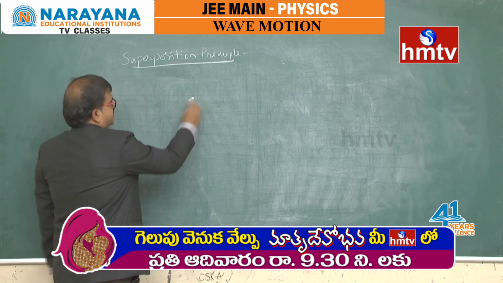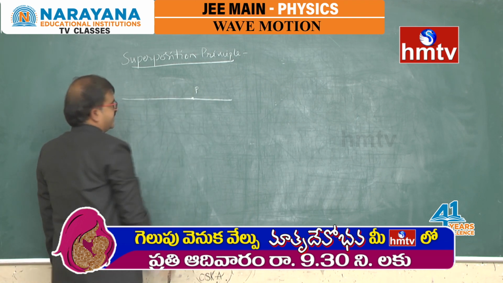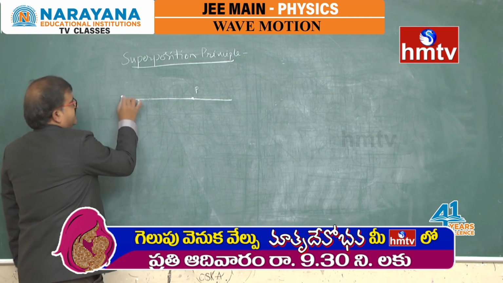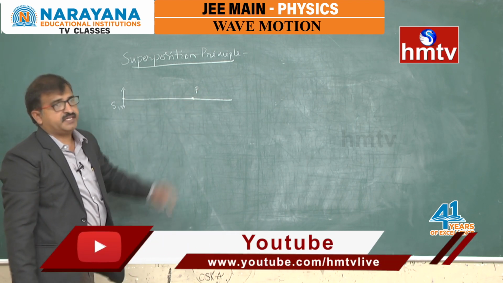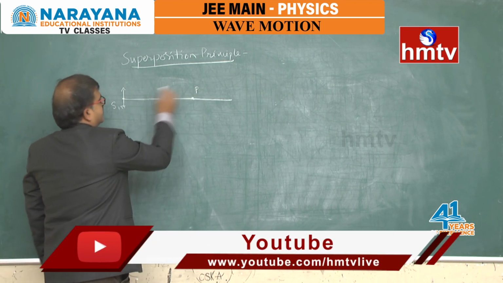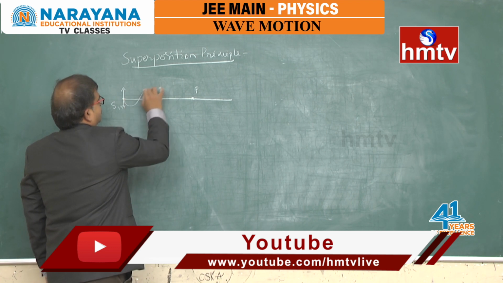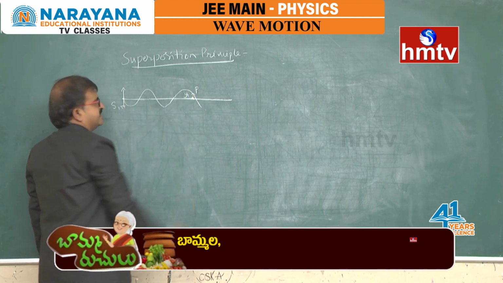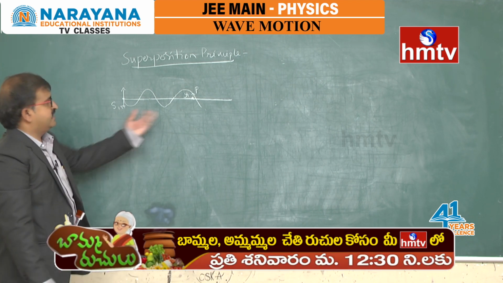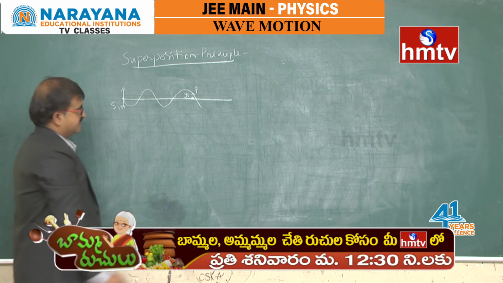A point on the string is taken. A disturbance is created at this source, and a transverse wave is generated and passes through this point P. You can take this as the displacement of point P when the first wave is passing through it.